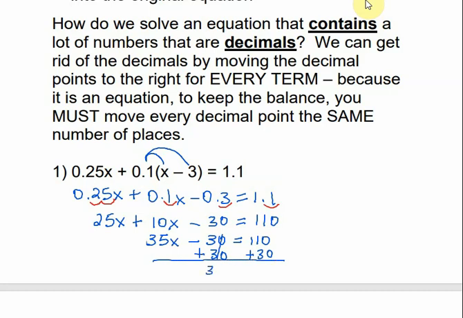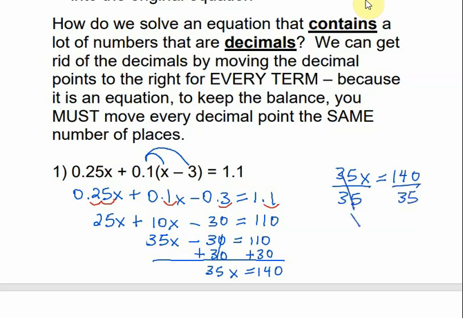That gives me 35x equals 140. I'm going to write it right here. And then I divide both sides by 35.